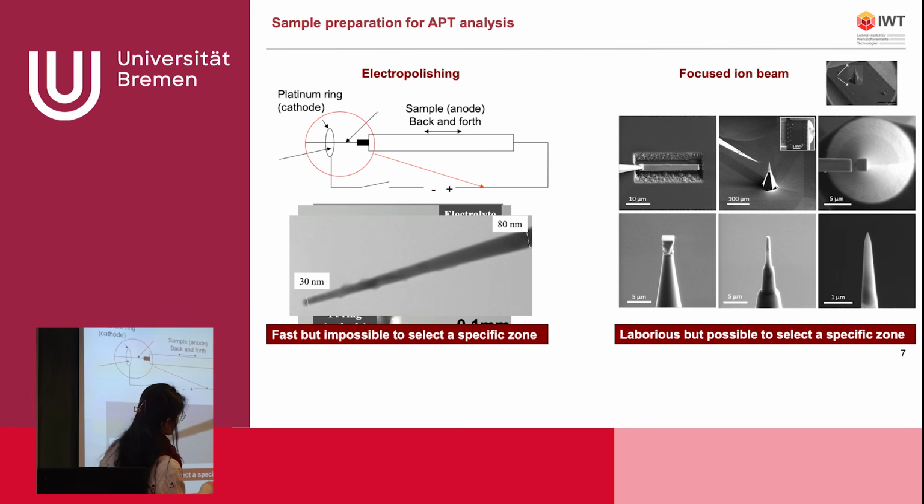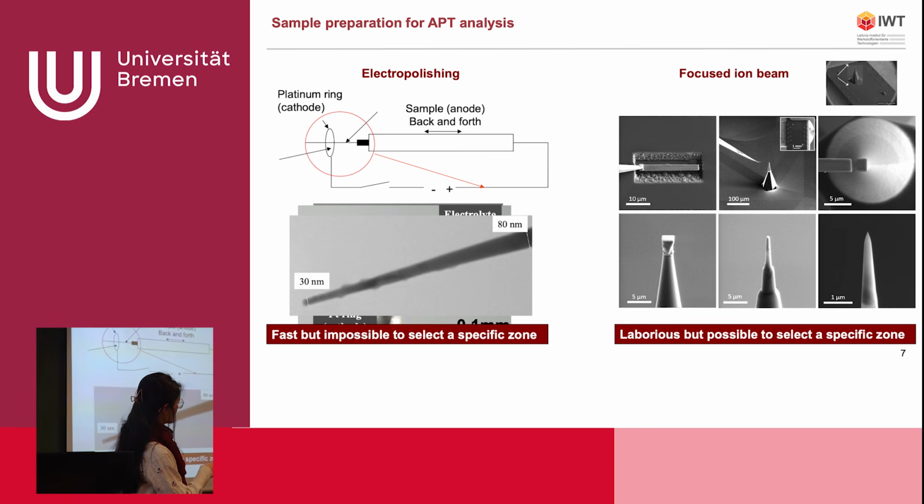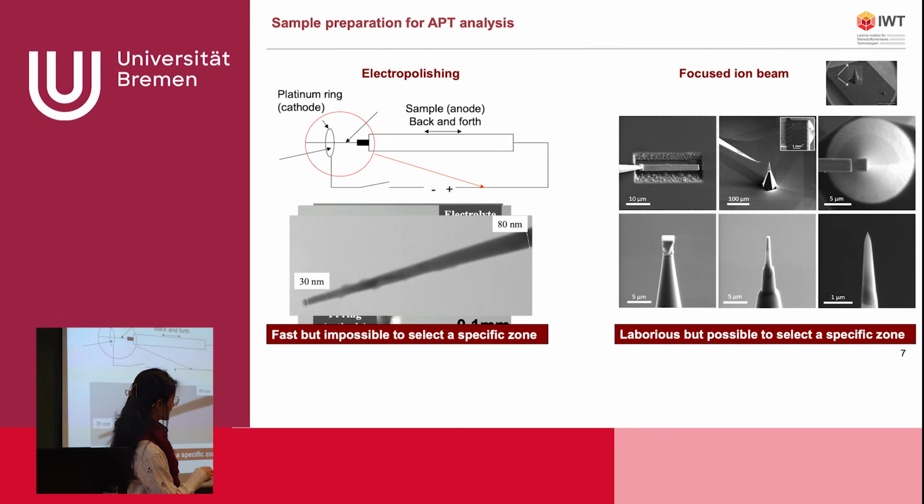This is typically 20 micrometers over 2 micrometers, and here we can have several atom probe tomography samples inside. Each sample will be placed on what we call the silicon post.